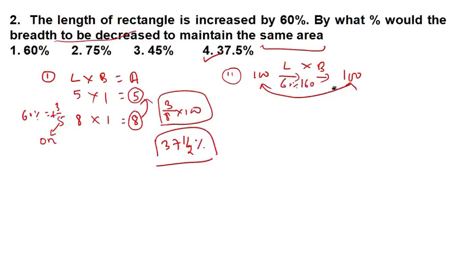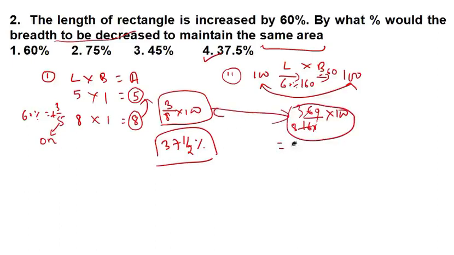Now to maintain the same area, I want 100. So the breadth has to be reduced by 60. Then I minus 60 from 160 to get the percentage, and again I get the same answer, 37 1 by 2%.